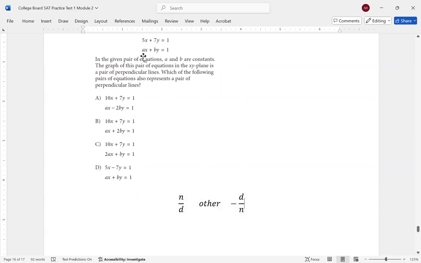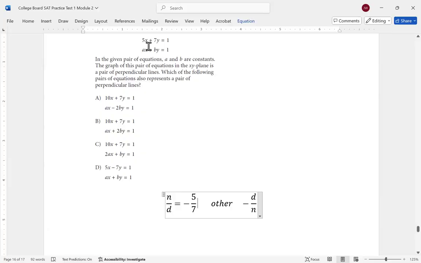So as a fraction, my first equation's slope is going to be negative 5/7.